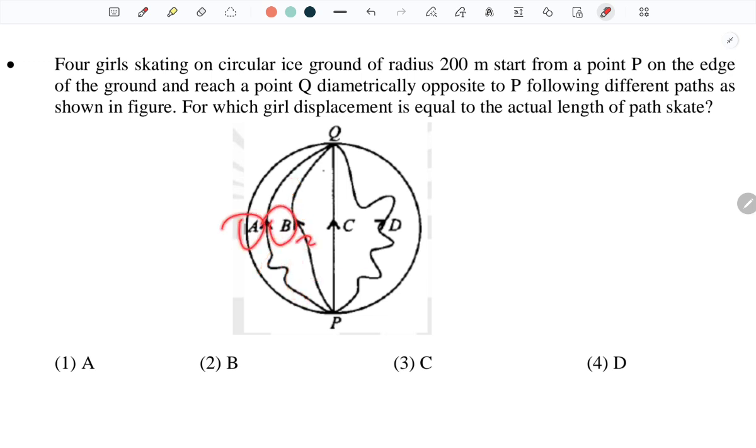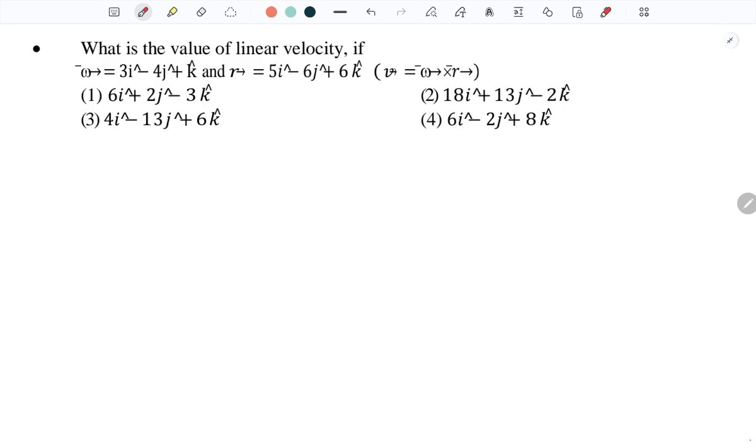So options A, B and D are distance traveled, whereas option C is displacement because it is going along a straight path without any change in direction. Here he has clearly asked displacement is equal to actual length. This is the only case, option C. So the answer is option 3, that is path C.